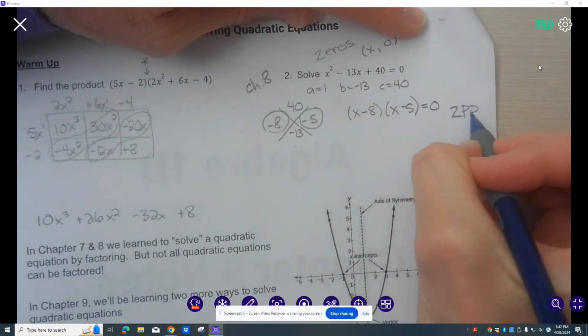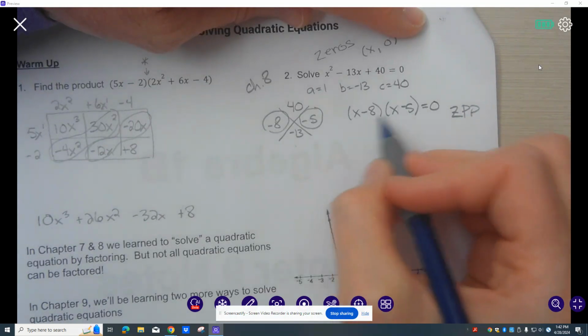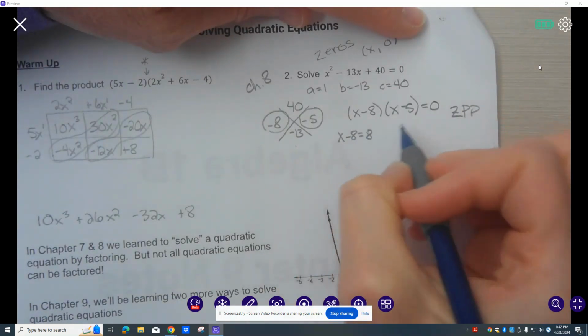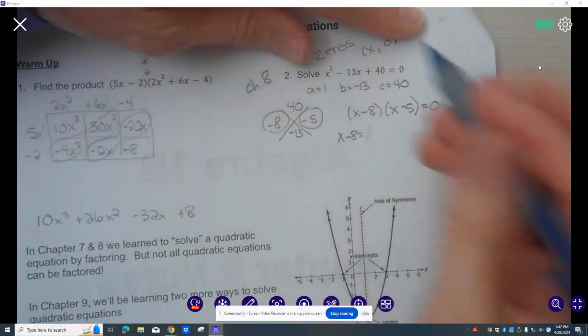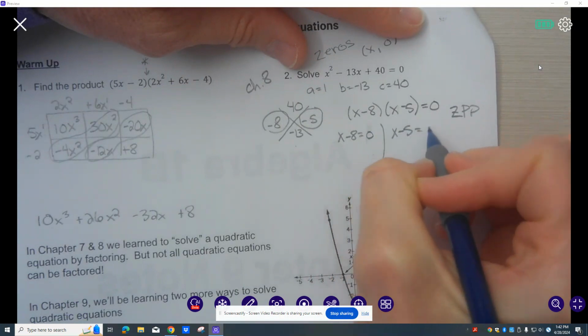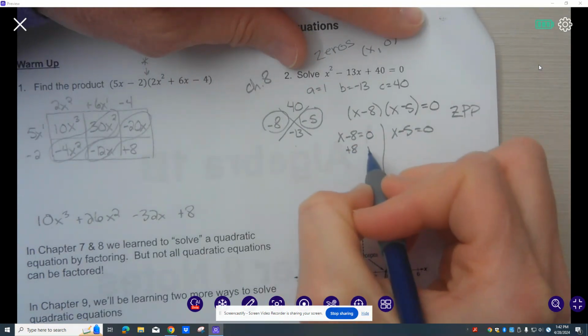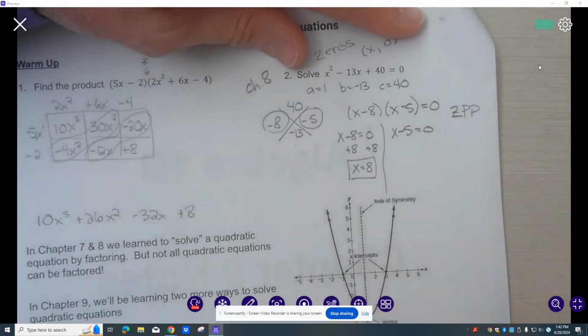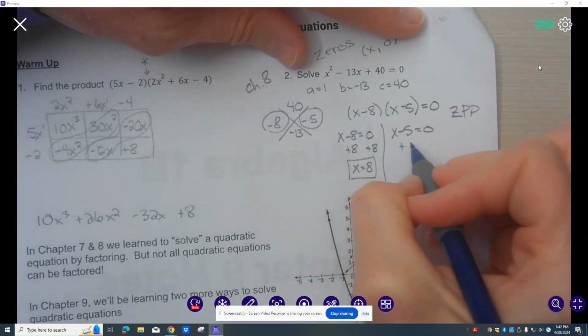Zero product property, ZPP, says two factors multiplied together that equals 0. Either the first factor equals 0 or the second factor equals 0. So solve both of these, and I get one solution of x equals 8.